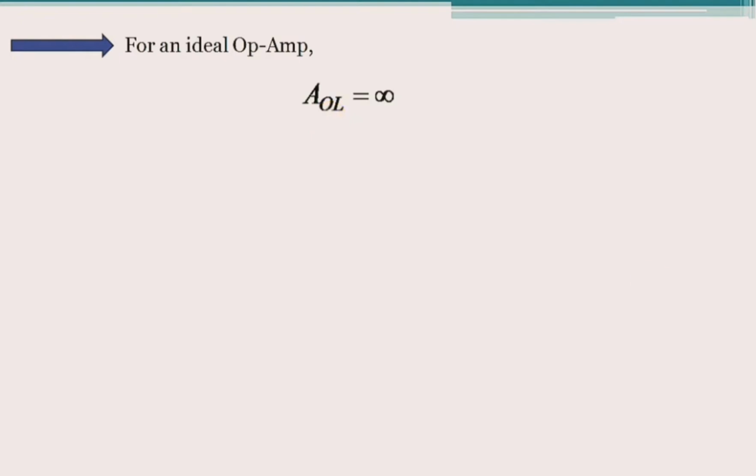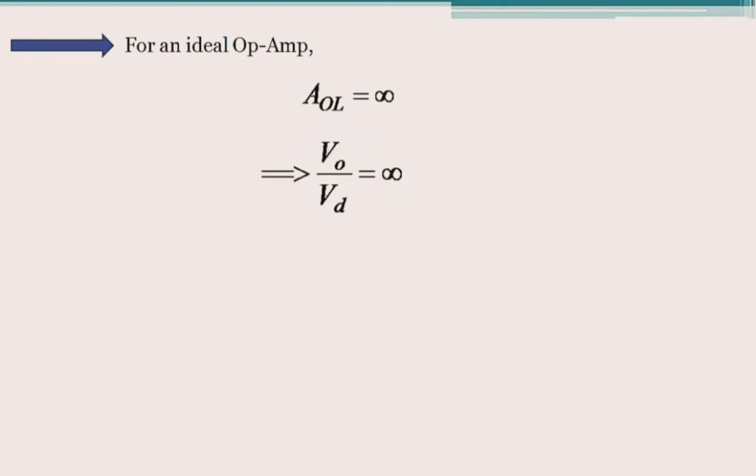For an op amp, the output voltage is V0 and the input voltage is the differential voltage Vd. So V0 by Vd is infinite. We know that in open loop or closed loop configuration, the output voltage is a non-zero value.